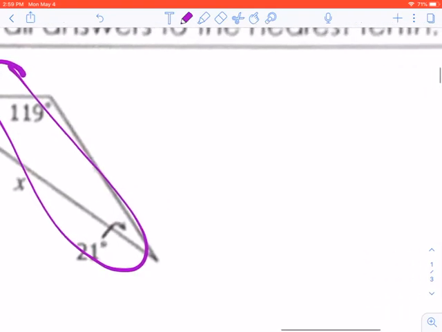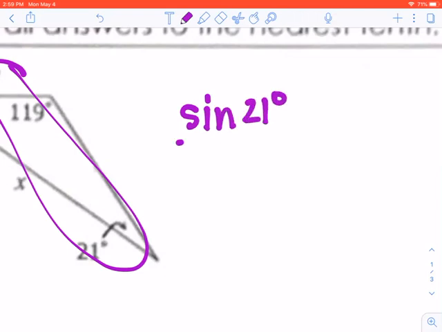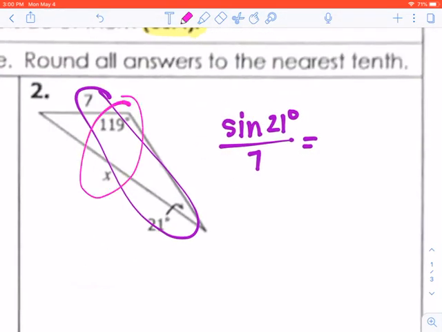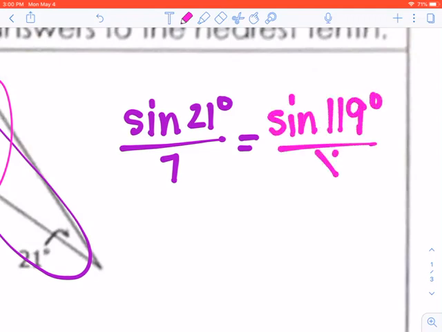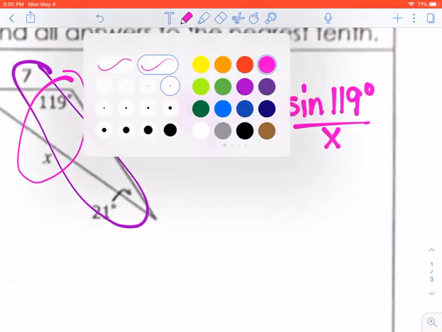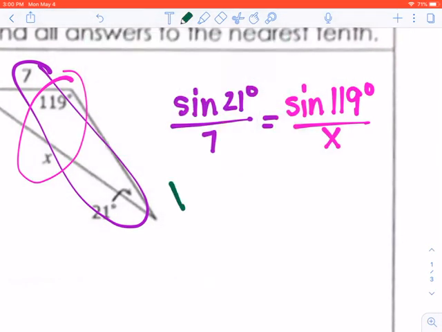So it's going to be sine 21 degrees divided by 7 equals, my other pair, sine 119 over x. And just like the other one, you will cross multiply. I would have x times sine 21 degrees equals 7 times sine 119.